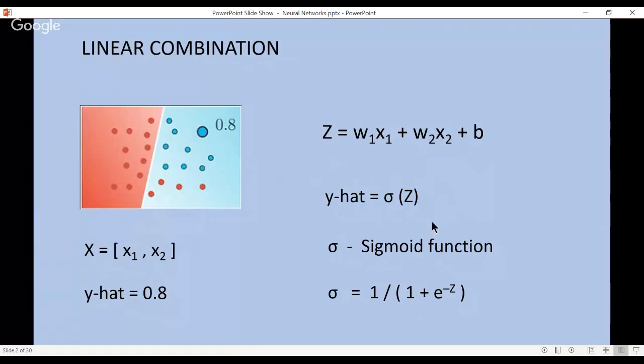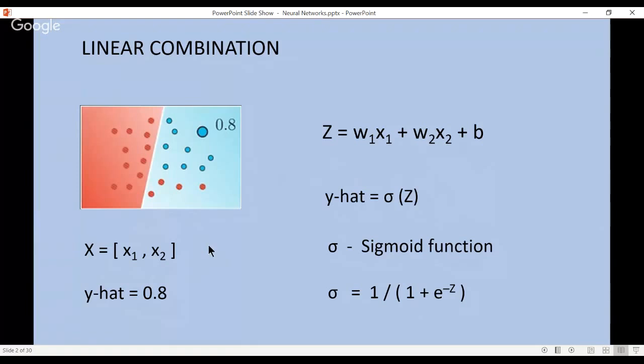That becomes the probability that this data point x lies in the blue region. In this case, y hat, the sigmoid of z, is 0.8, so with 80% probability, x lies in the blue region.